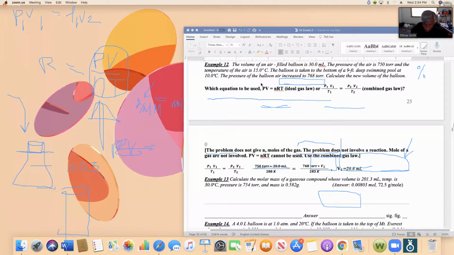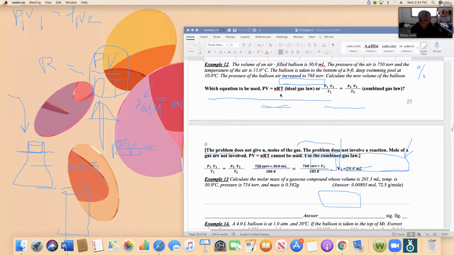The balloon is taken to the bottom of a 9 feet deep swimming pool at 10 degrees Celsius. The pressure of the balloon air increases; the pressure is 768 torr, because you have some water on top of it, so the pressure is going to increase. Calculate the new volume of the balloon. The balloon volume is going to change because the temperature is different and the pressure is different.